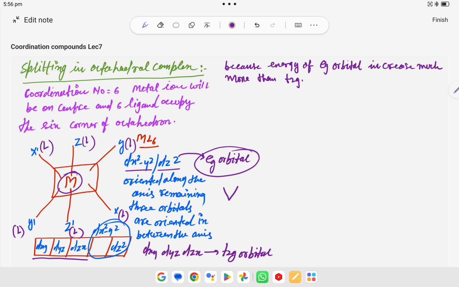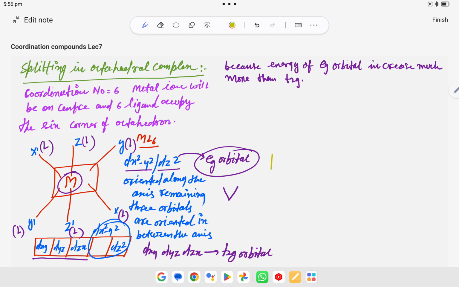So what happened, children? In the octahedral complex, the five orbitals are split up into two sets. How will they split?